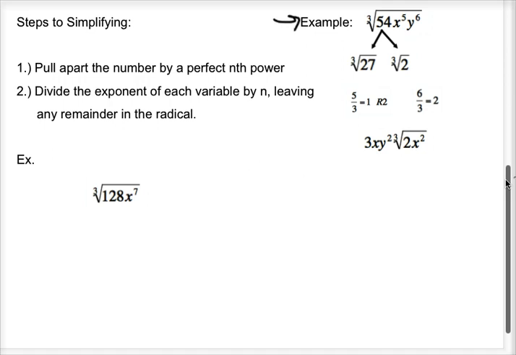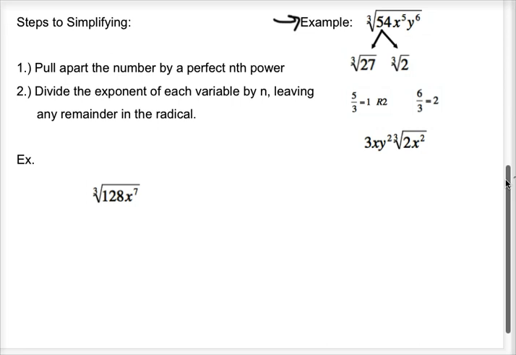The way that I start is by looking at the number. So 54. I'm looking at my power root chart in the third power column, because this is a cubed root. And I see that 27 divides 54. So I'm going to split up that 54 into the cubed root of 27 and the cubed root of 2.